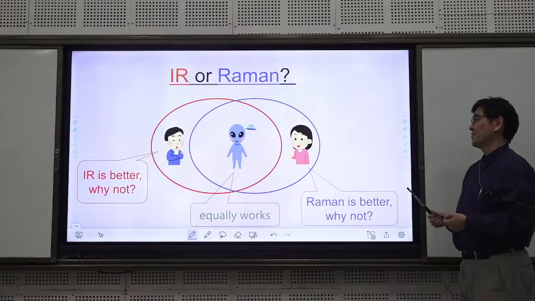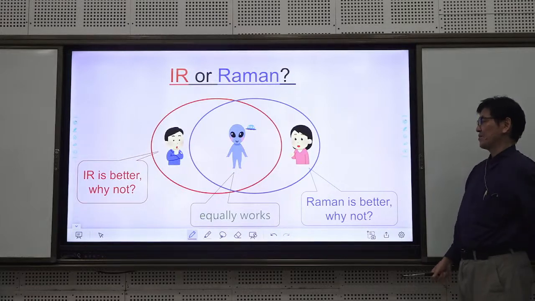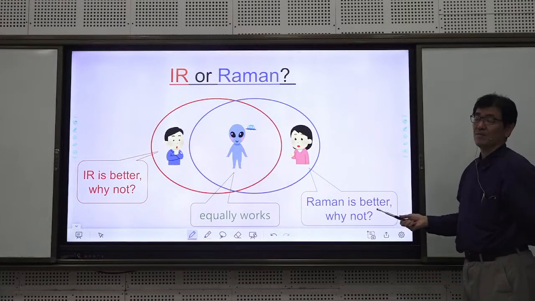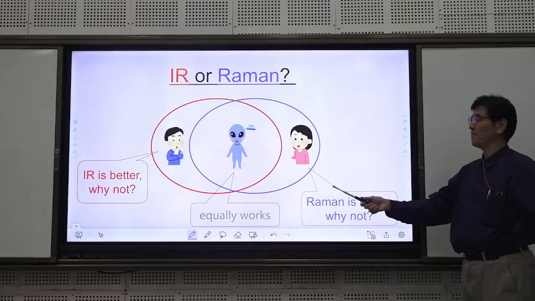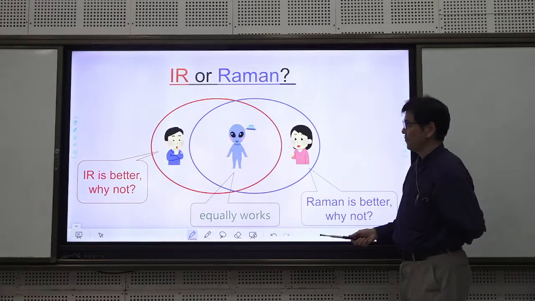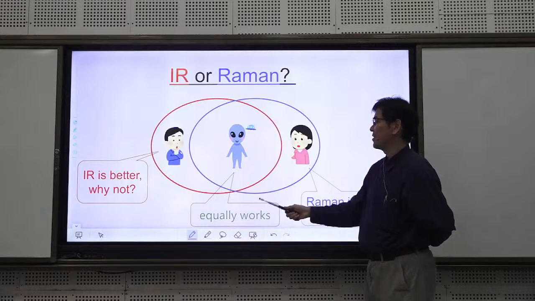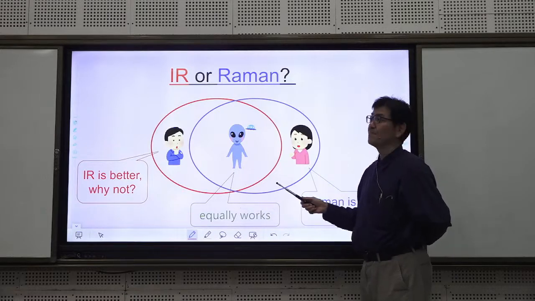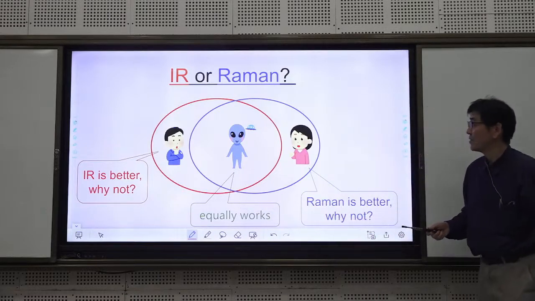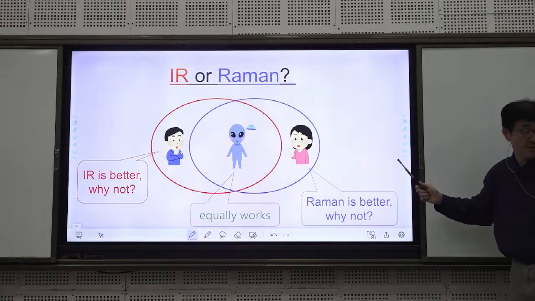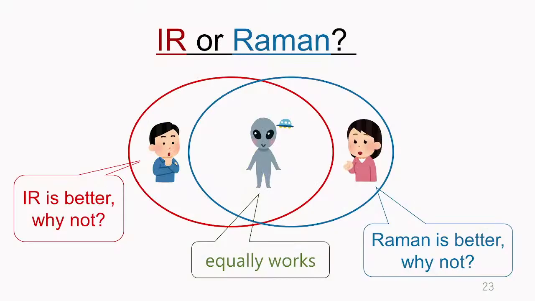And at that time, I thought Raman spectroscopy is better than IR spectroscopy. Okay? And someone says it equally works. So, which opinion is true?